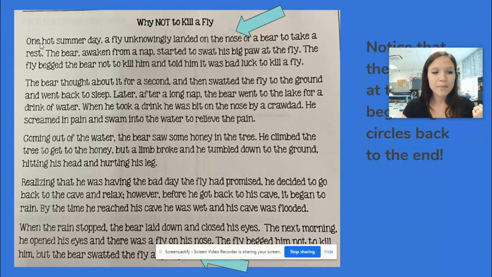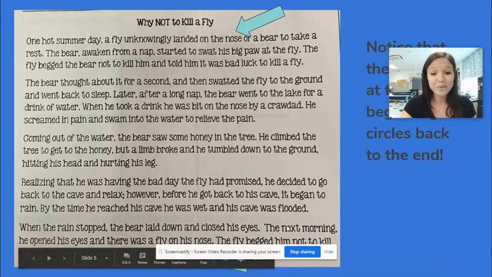Remember, we have the bear, and here we have a fly who lands on the nose. The bear's taking a rest, and he ends up swatting the fly away, even though he has bad luck. And then here at the end, what do you know? There's a fly that lands on his nose again, and what does he do? He swats it away again. So it circled back to the same scenario from the beginning.